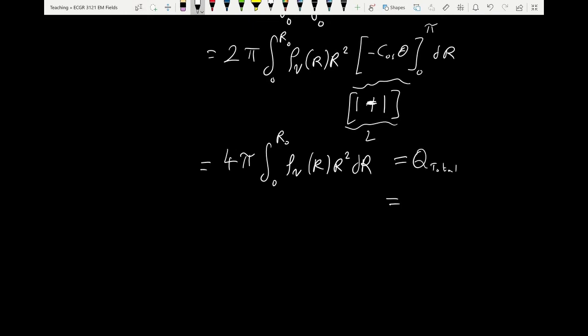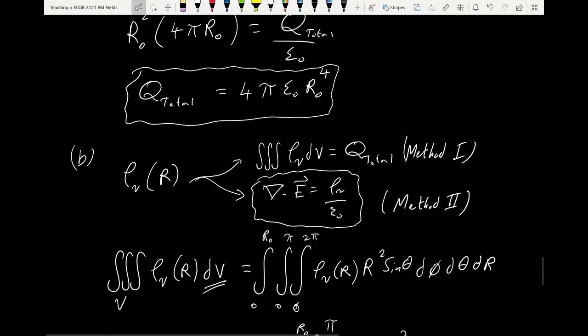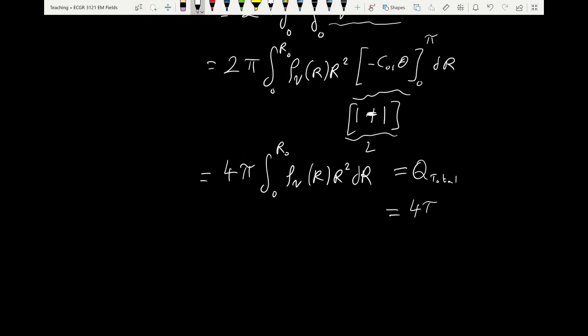But q total is also equal to, as we found in part A, 4 pi epsilon naught r naught to the power 4. So notice here, 4 pi is the same as 4 pi, so that part is the same.